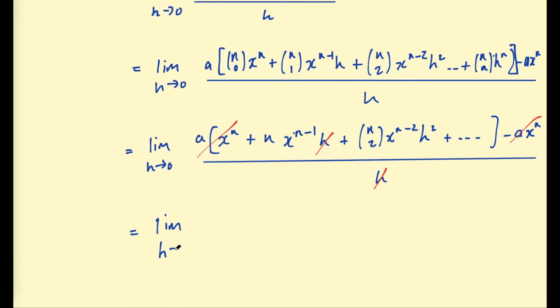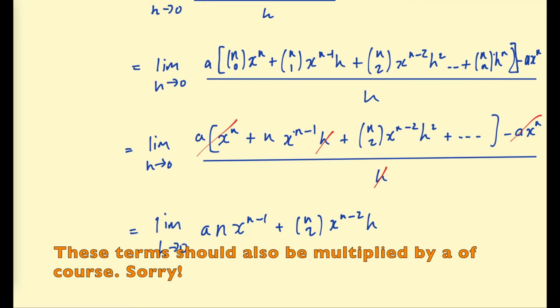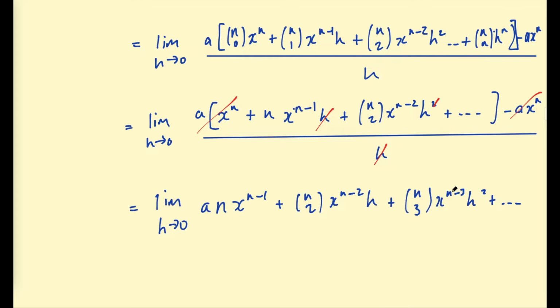So if we look at what's happening in the numerator here, we're left with n x to the n take 1. And let's not forget this is multiplied by a. Then the next term will be n choose 2, x to the n take 2, h. So the h in the denominator cancels with one of the h's in that term. Then the next term would be n choose 3, x to the n take 3, h squared, and so on. And the important point here is that all of these terms will have h's in them.